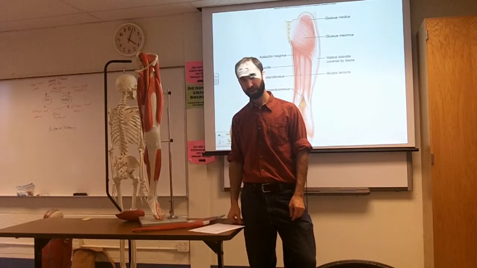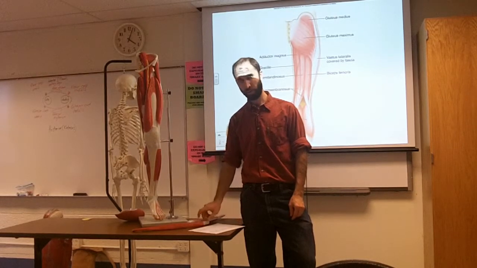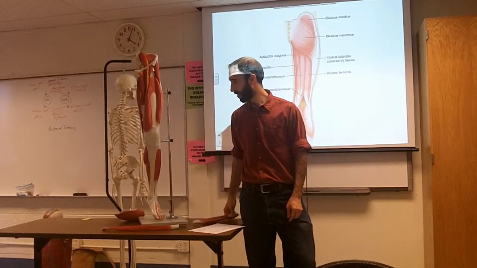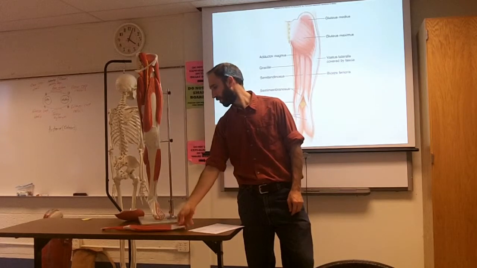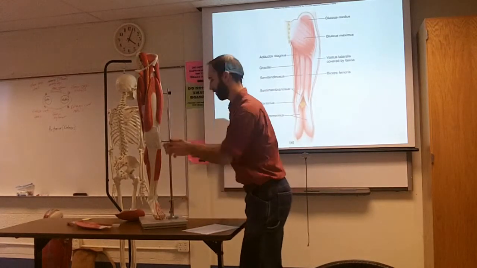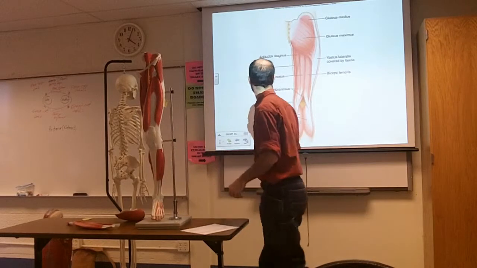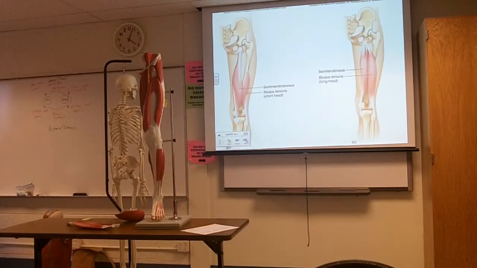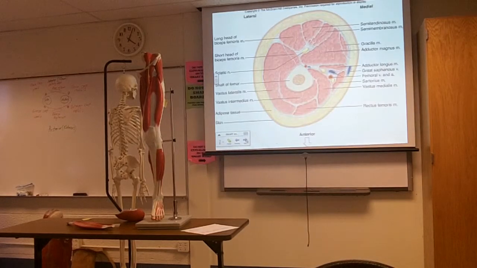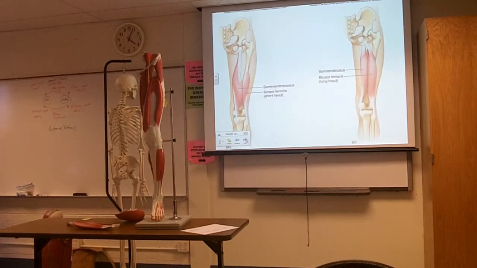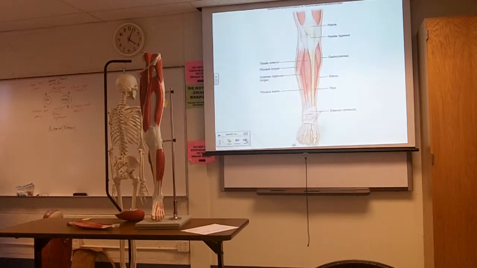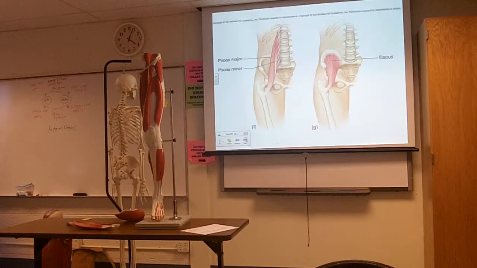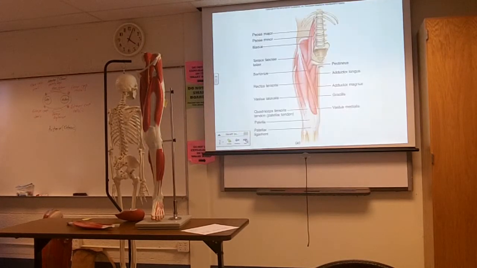All right, last group. You probably want more. All right, so we're down to our lower leg now. Just get these out of the way. Looking at the lower leg, and I've just gotten way off of my slides here, but there we go.